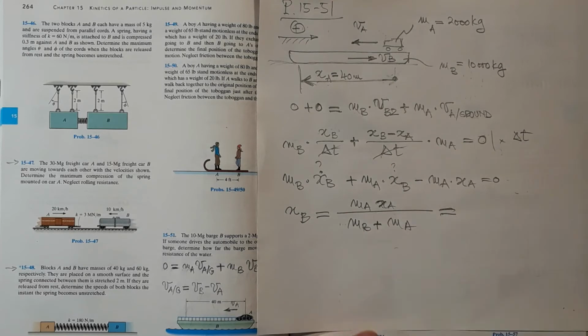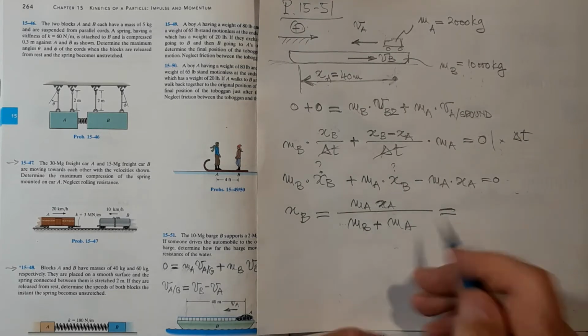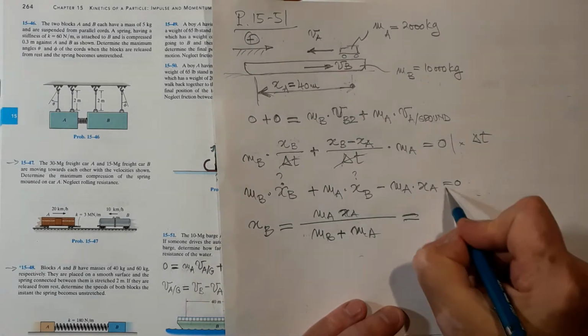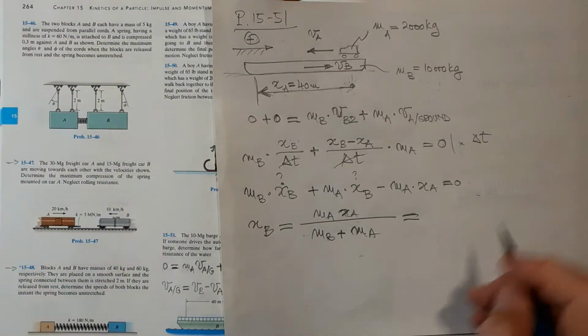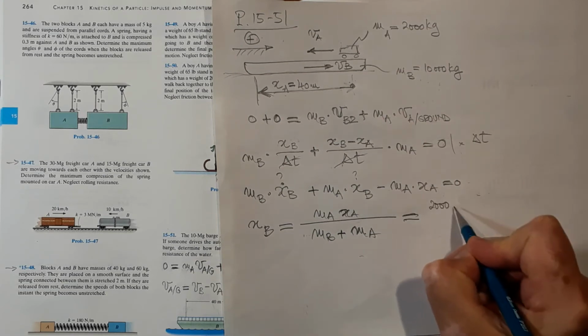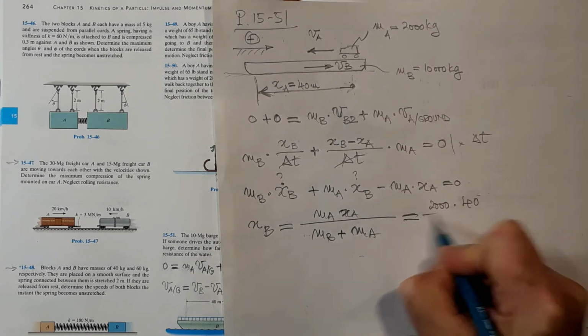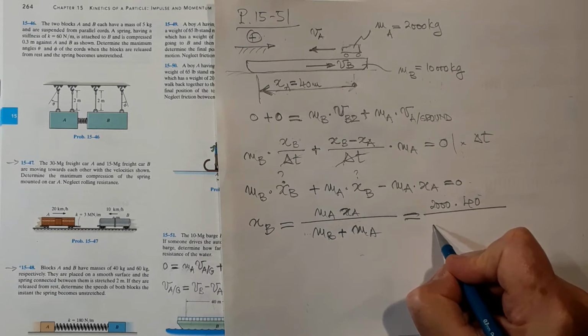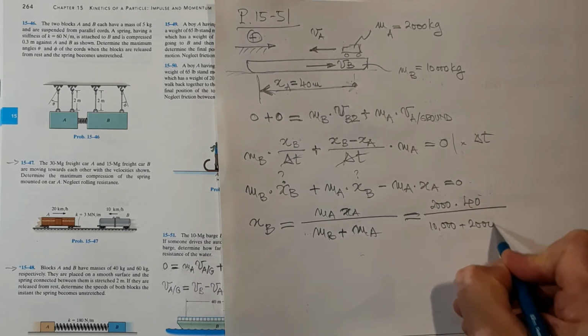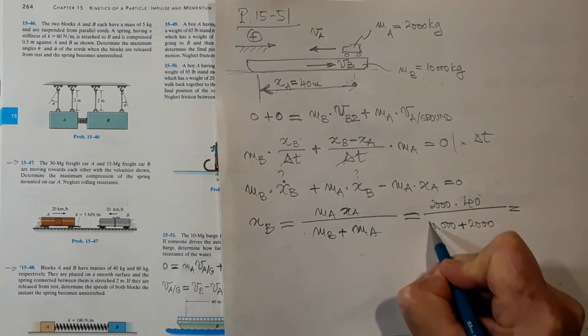All right, and this is equal to, with the numbers given, 2,000 times 40 over 10,000 plus 2,000 equals.